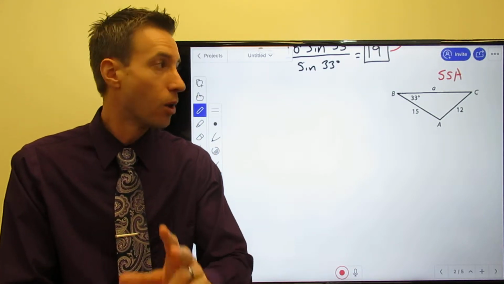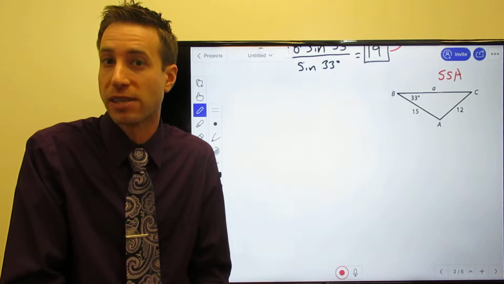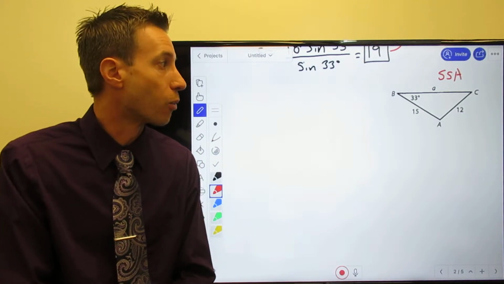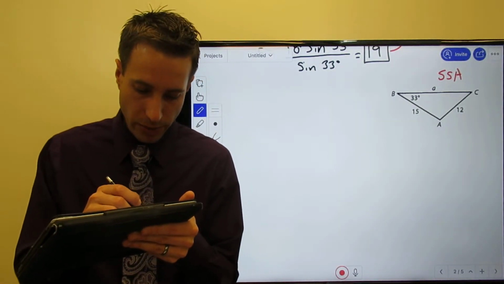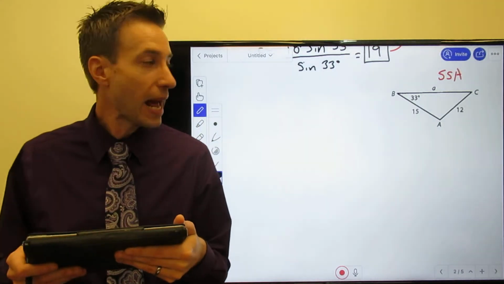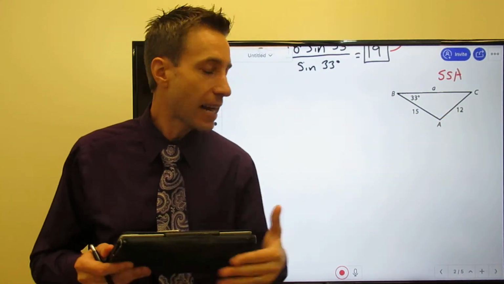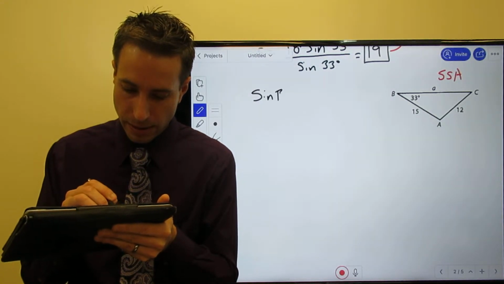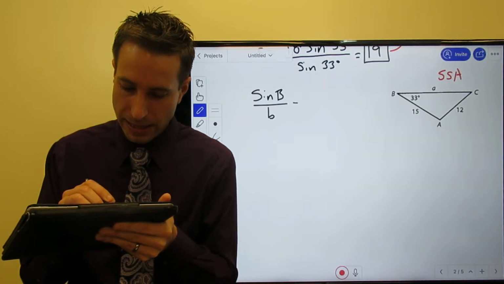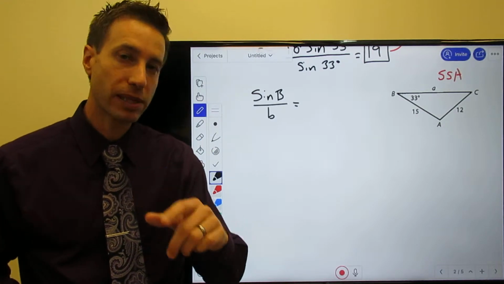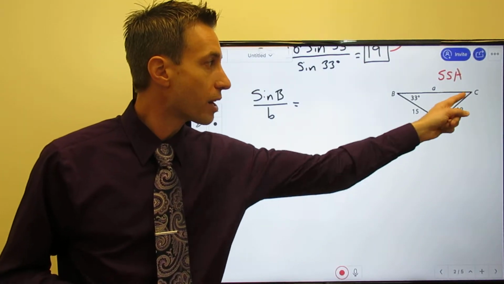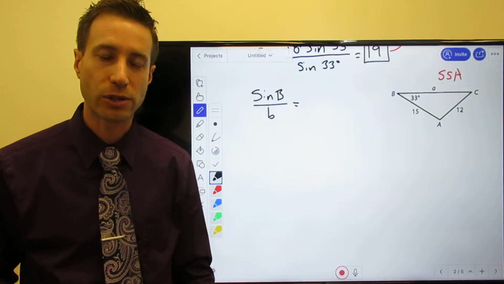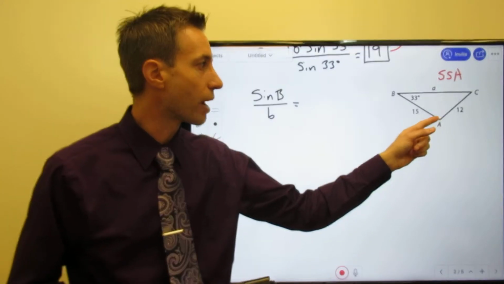For right now, what we're going to do is go ahead and set up the law of sines and see if we can solve for what we don't know. So here we go. What angle do I know? I know angle B, and I know its opposite side. So I'm going to do the sine of B divided by B has to be equal to, now please take a look at what I know. I do not know another angle. I don't know angle A or angle C. So what we've got to do is take a look at what I do know.